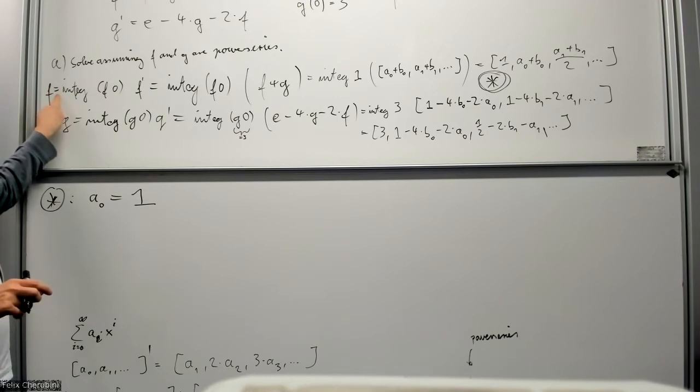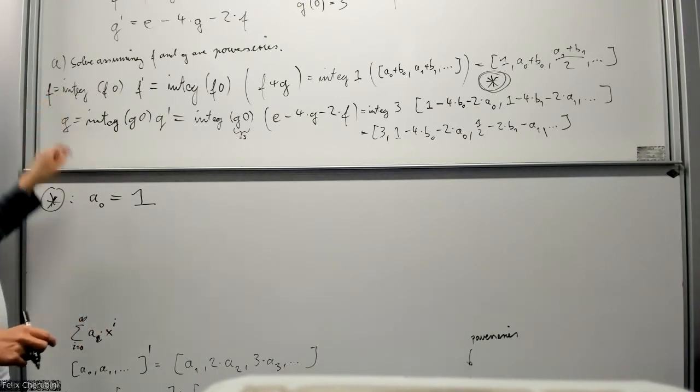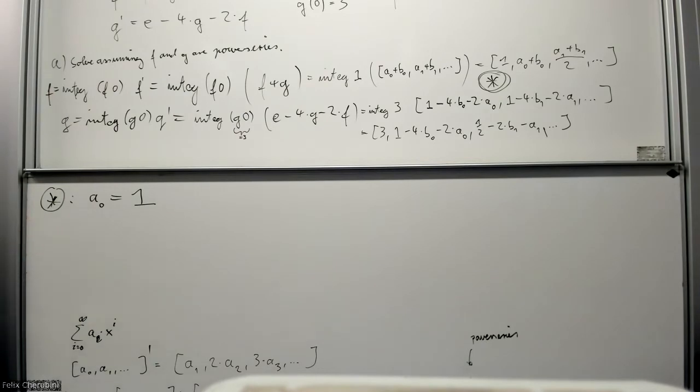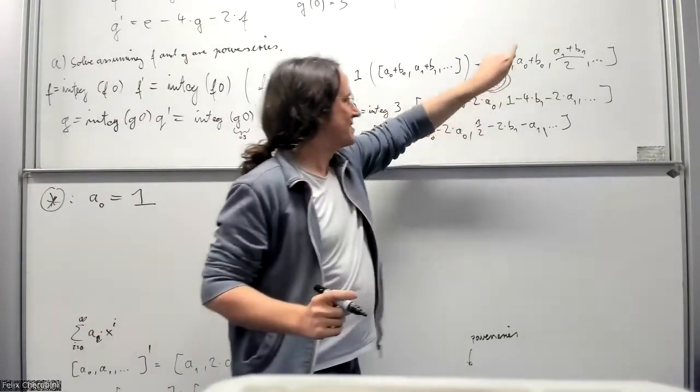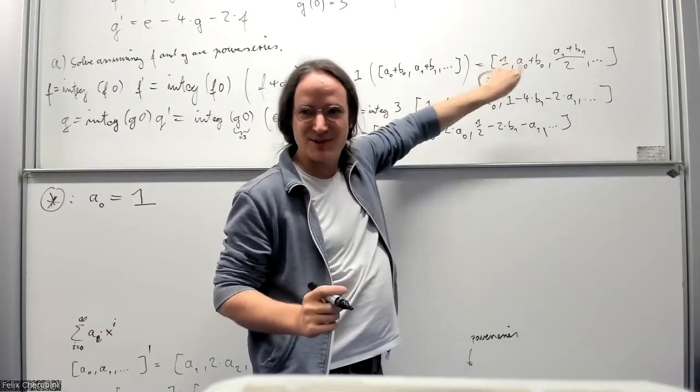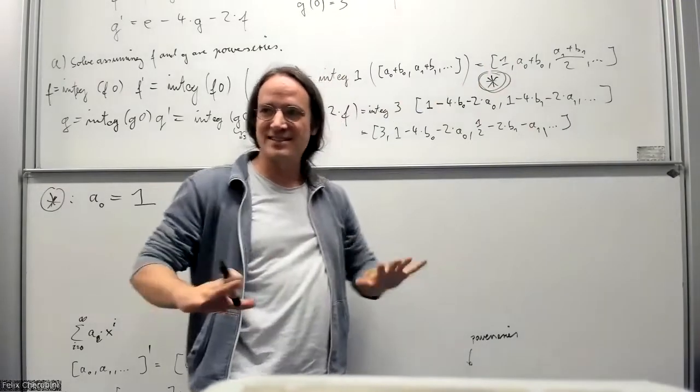In the exercise text, which I didn't read carefully, this is called FS. It would be good to use the same notation, but my screen is very small and pixelated, and so I didn't see it. Anyway, so A0 is 1. I reference the exact spot where this is written, so I assume that's enough.